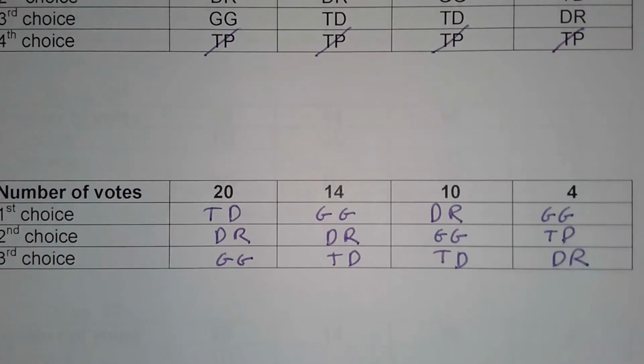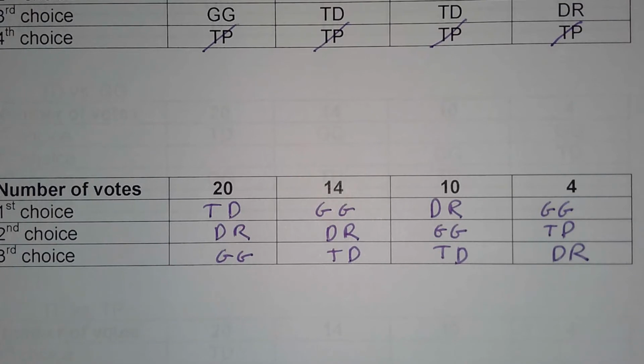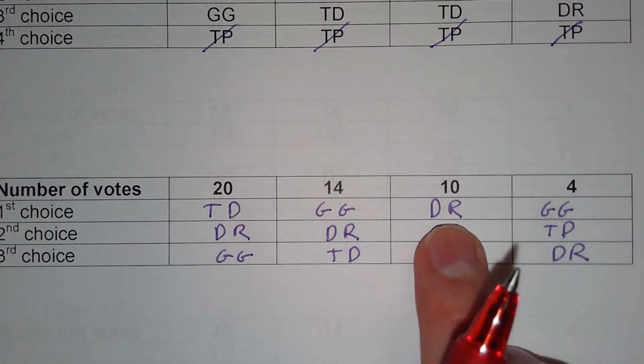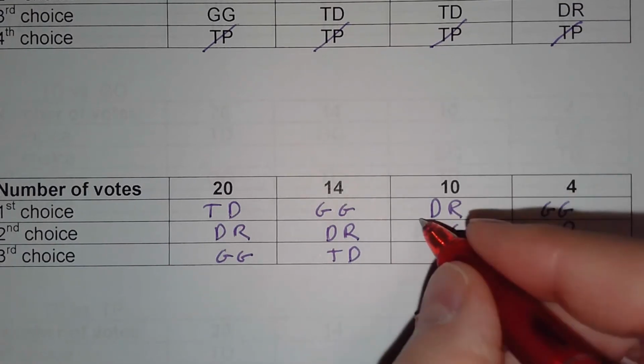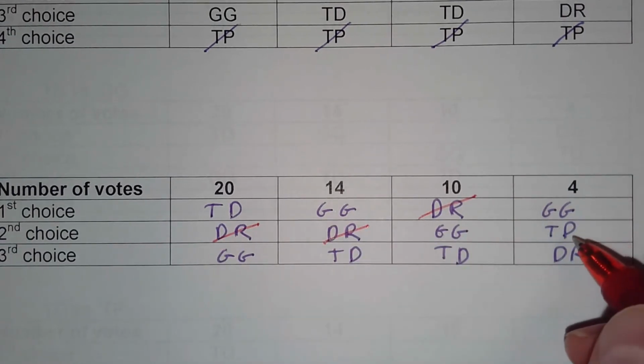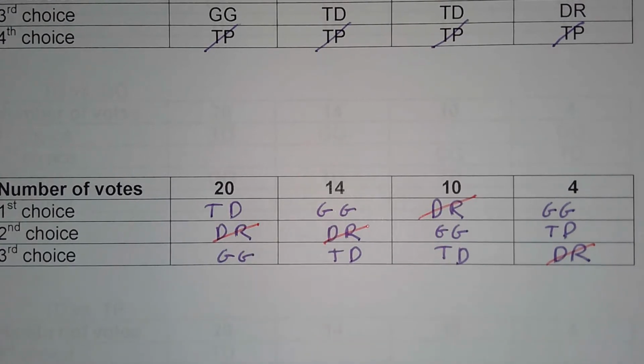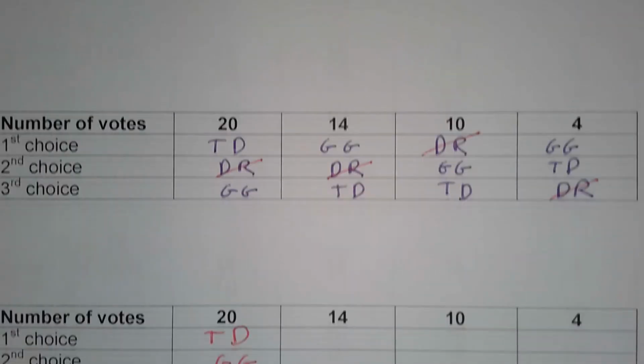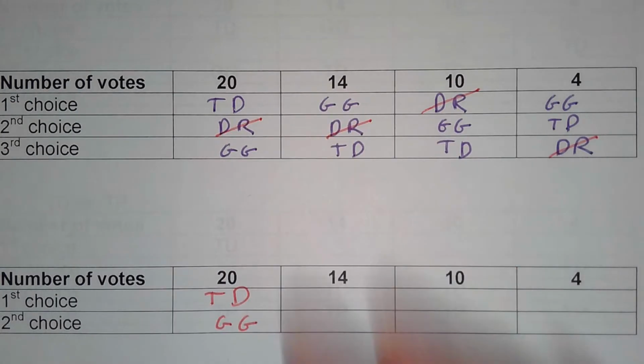All right, so now the one with the next fewest first place votes would be David Robinson. So we're going to eliminate him. So I'm going to cross him out. So wherever we see David Robinson, cross him out. And now I'm going to go ahead and rank them, just kind of sliding everything up.